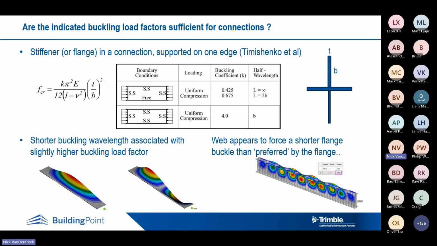And what we saw with the first situation is that if the length is a little bit less, the buckling load factor goes up a little bit. So the flange being forced to buckle at a shorter half wavelength tends to increase the buckling stress in the flanges, the flange outstands, or a stiffener on top like this.